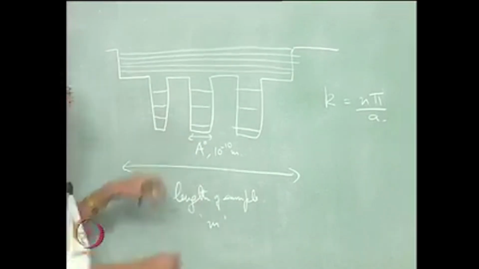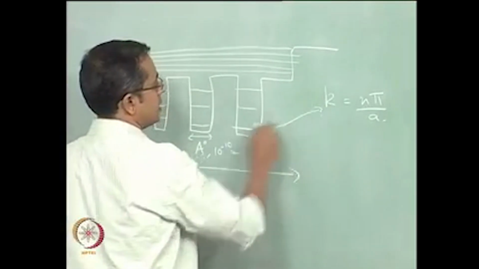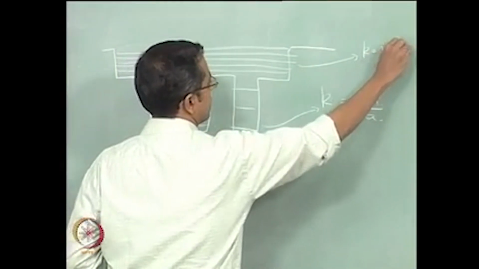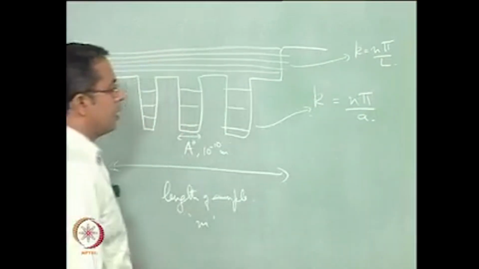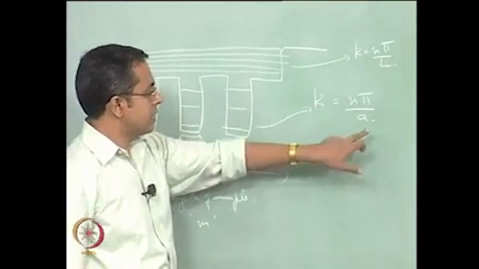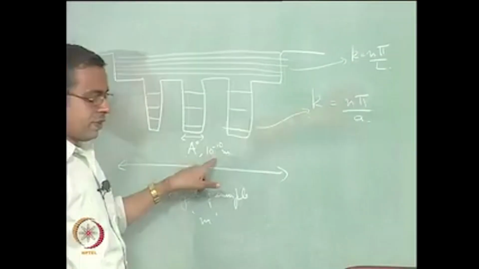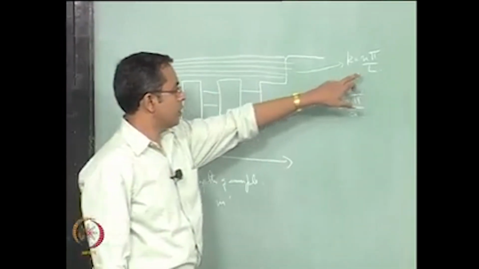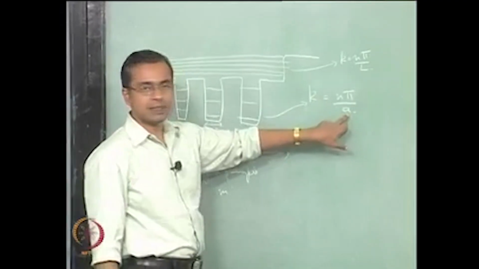So in this case k is n pi by a, and in this case k is n pi by L. Now clearly L is very large relative to a, there is a factor of 10 power 10. L is of the order of meters, this is 10 power minus 10 meters.